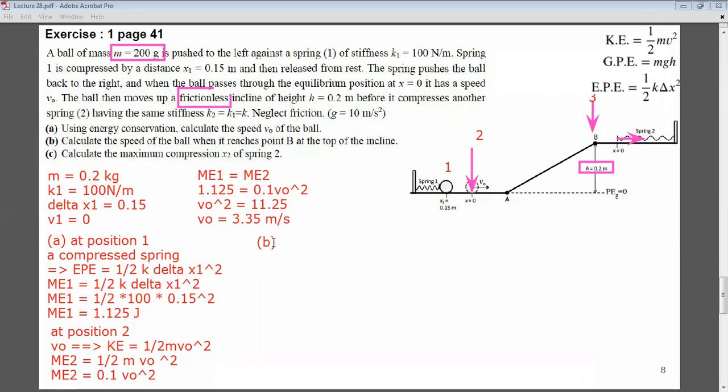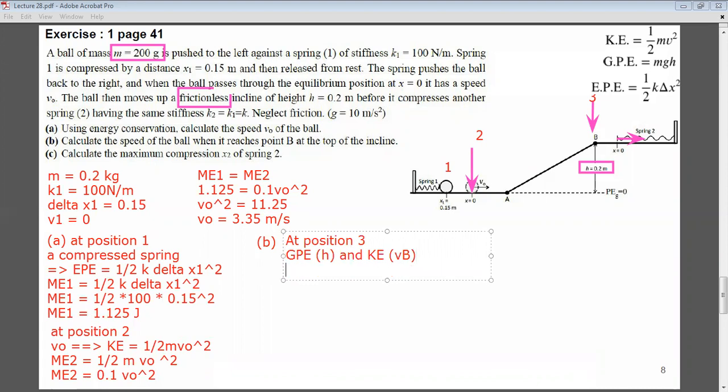What's happening at position 3? First, it's at an altitude, so there is a GPE, right? Because there is H, and kinetic energy because there is V. The question is actually to calculate this speed. So there is V, let's call it V at B.